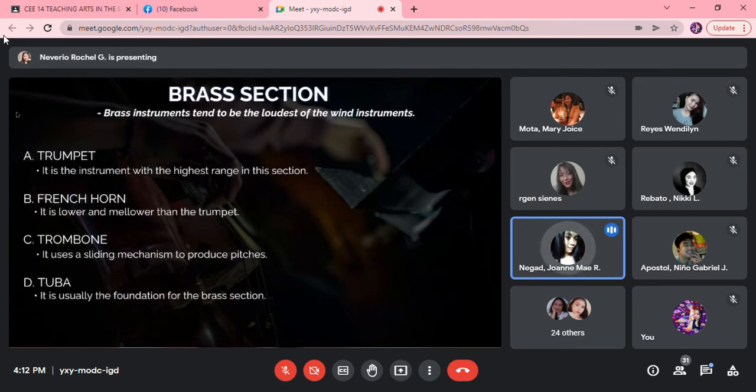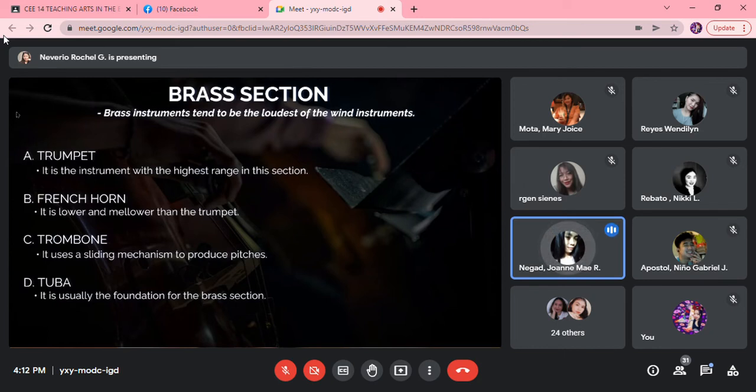So, brass section. Brass instruments tend to be the loudest of the wind instruments. So, dito sa brass section, sa lahat ng section, siya yung mas maingay or mas malakas yung sound.